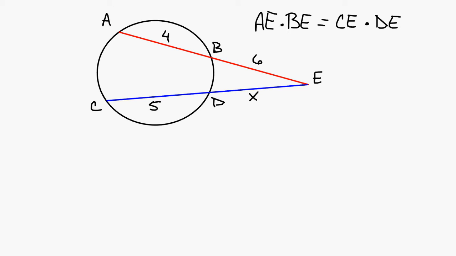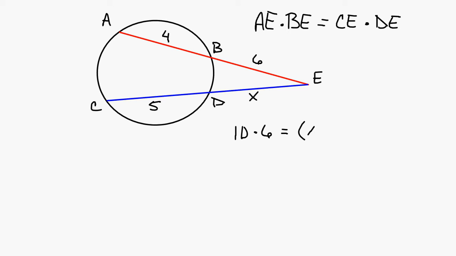So 4 plus 6 is what? 10. 10 would be the whole piece, so you would have 10 times the outside piece, which is 6, equal to, what's this whole piece? 5 plus x, right?